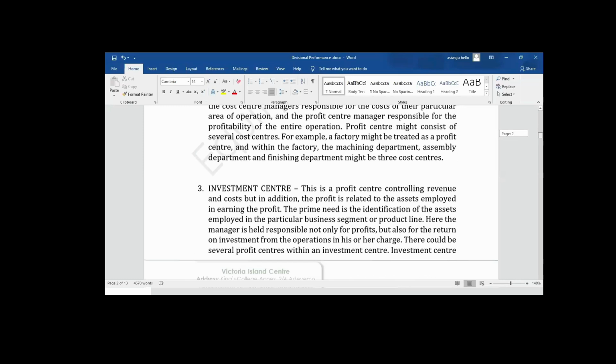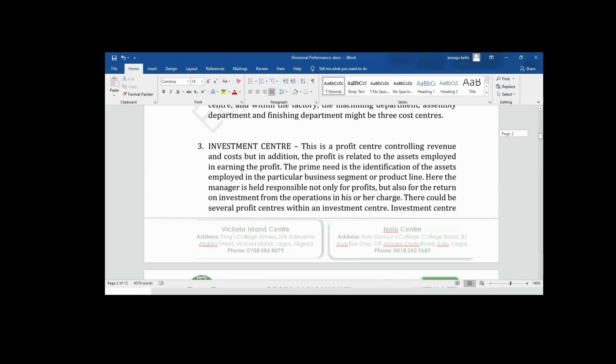Number three, investment center. The investment center is a business segment that has the authority and responsibility to generate revenue and incur cost. In addition, this center can make investment decisions. Let me take that again.